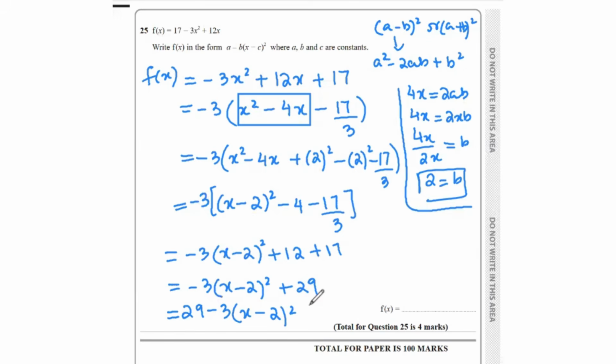So using that concept, we put 4x equal to 2ab. 2ab became 2xb. Using that, we found the value of b, which is 2. So 2 square was being added because that's what the formula is to complete the square. But it was subtracted as well because plus 2 square is a new thing that we introduced. After that, we rewrite the x square minus 4x plus 2 square as a complete square. And the rest of the terms get solved with each other. Multiply the negative 3 back with everything else again. And we get our answer in completing square form.